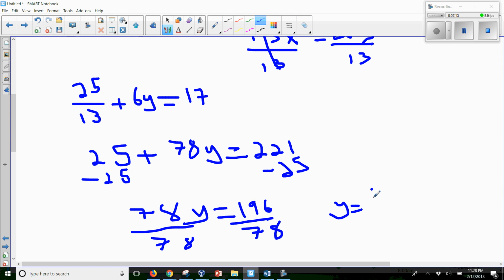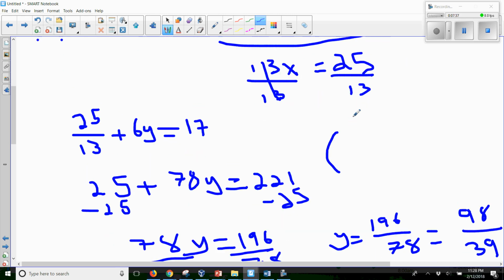So you get y equals 196 over 78, and of course that can be reduced to 98 over 39. So this one we get an ordered pair, which is 25 over 13 and 98 over 39. And again, these can be checked by plugging them back into those equations.